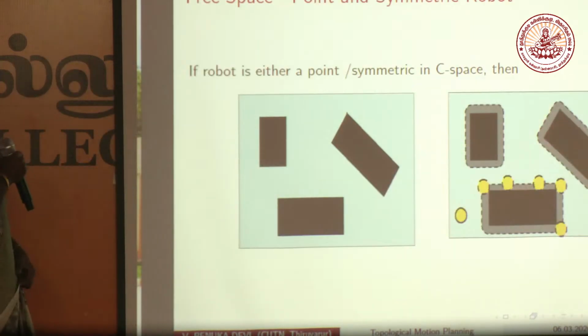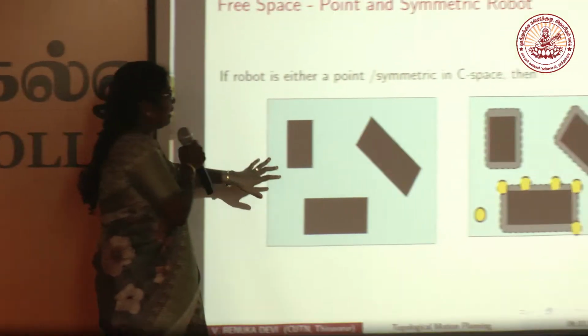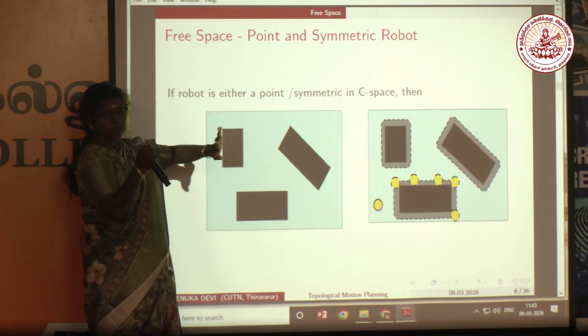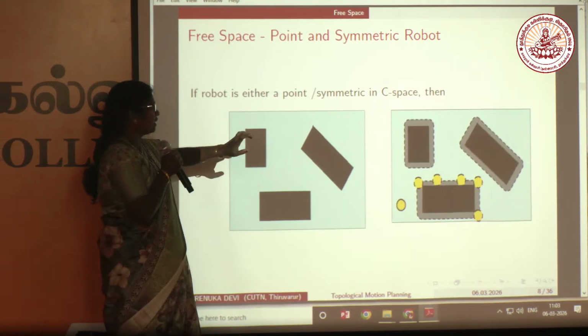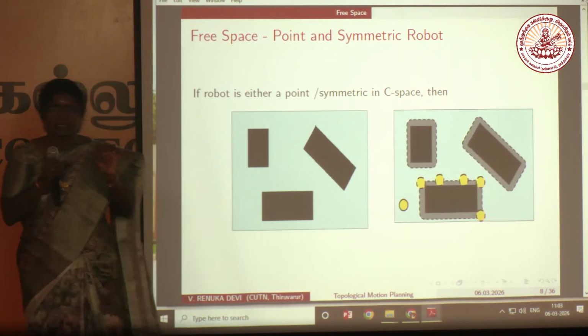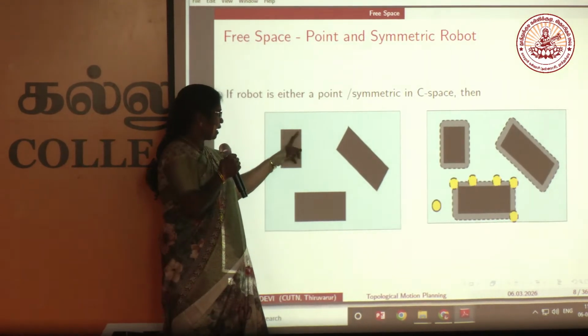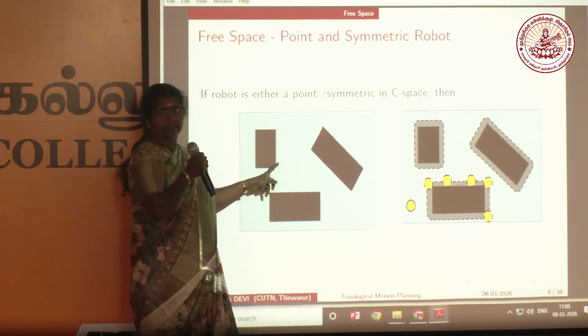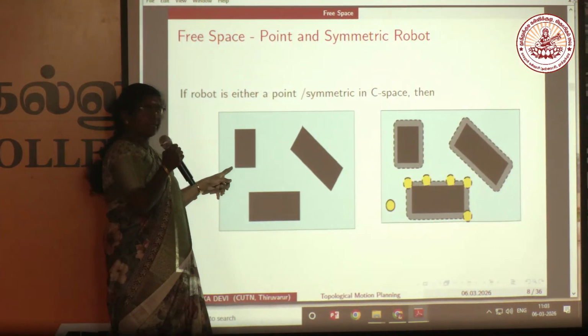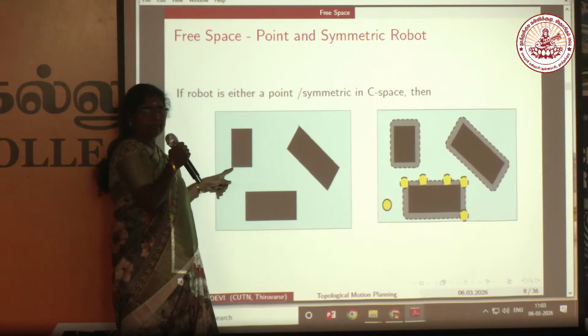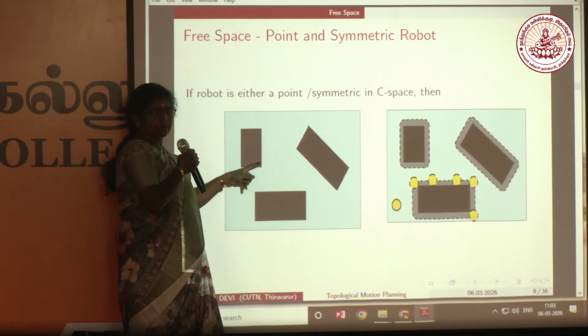Next. And the same thing here. In motion planning, we can consider the robot as a point. If we consider the robot as a point, these black shades are the obstacle, so the robot can touch the edges and vertices of the obstacle.